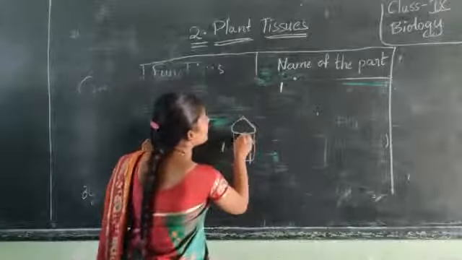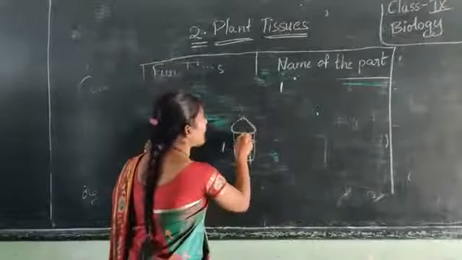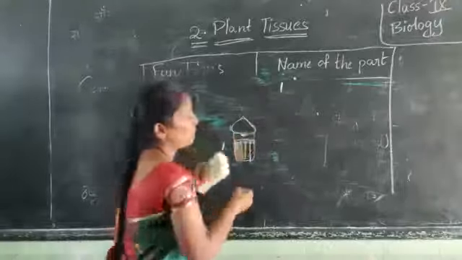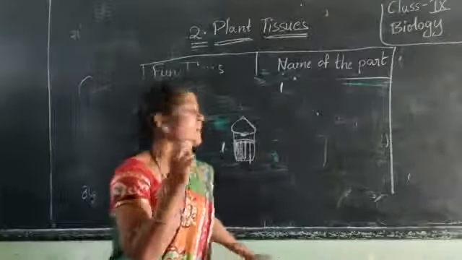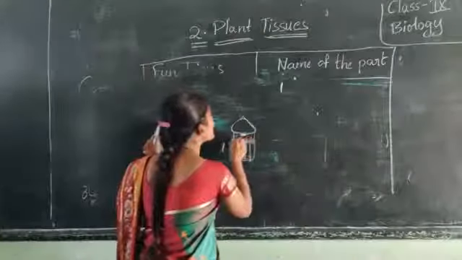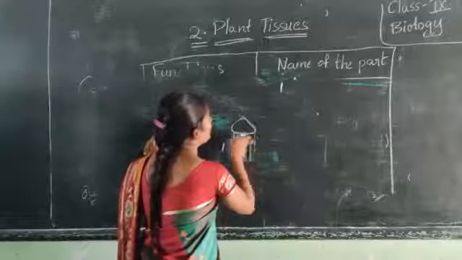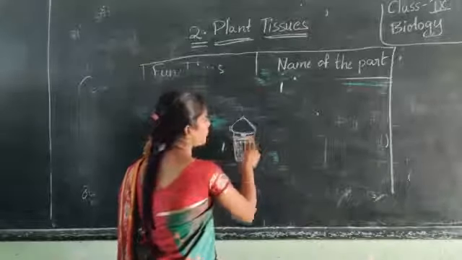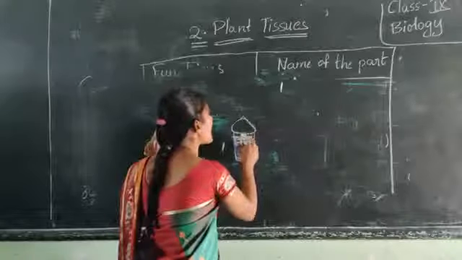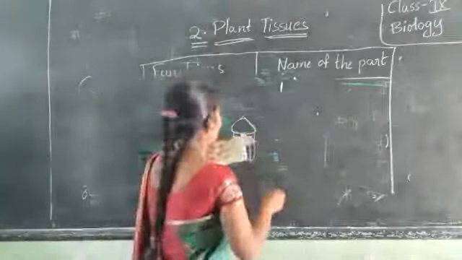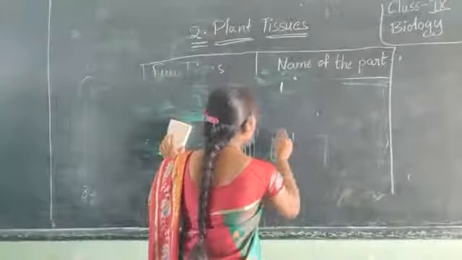Here you can see at the anterior end a bulb-like structure and small root-like structures. When these root-like structures touch the water, what happens? These roots start growing. Understood, children? After a week, you can observe.